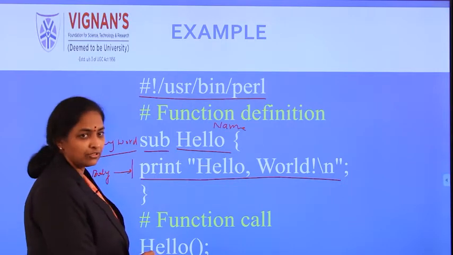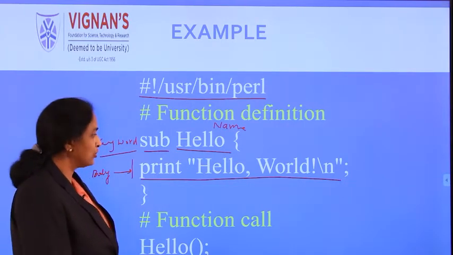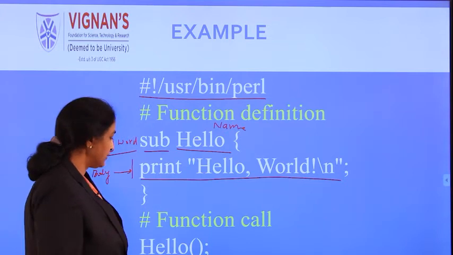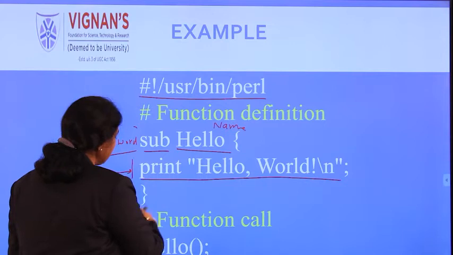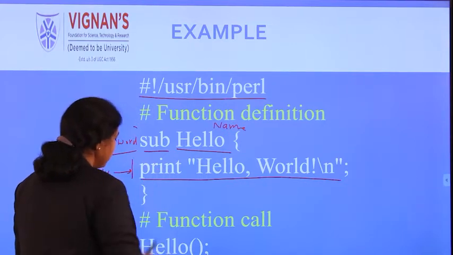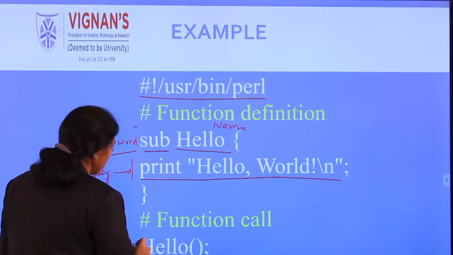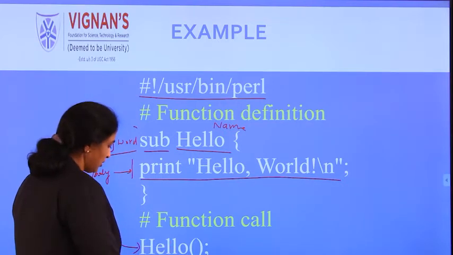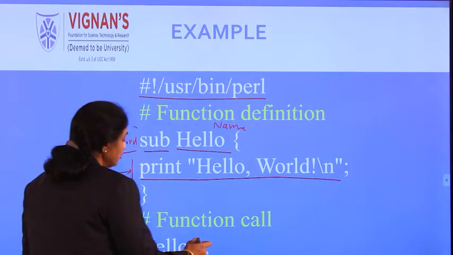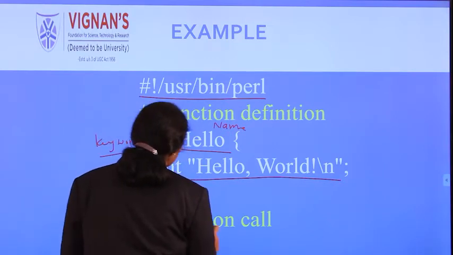Now if you run this code, what are you going to get? Execution starts from the top, then it comes past the definition part, and when it comes over here, it will find that there is a function call. Now it will move to the definition part.